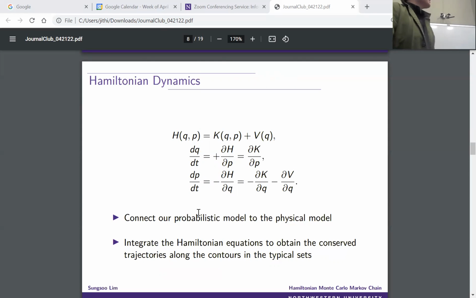We can integrate either numerically or exactly to obtain how the position and momentum variables change with respect to the Hamiltonian, but along these trajectories, the Hamiltonian is conserved. So we would ideally like to connect our probabilistic model to the physical model described by the Hamiltonian dynamics, and with that we can obtain the conserved trajectories along the contours in the typical sets.